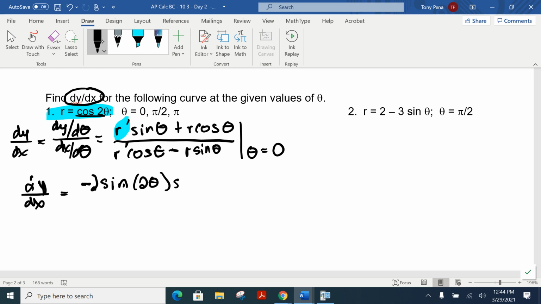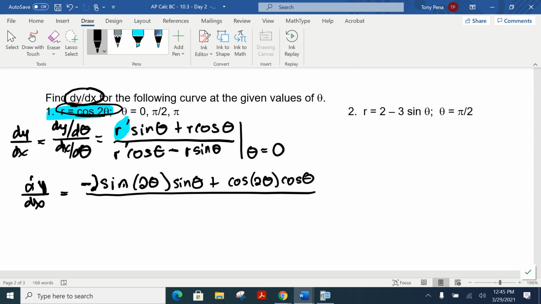Then we have sine of theta, so we just rewrite that, plus r cosine of theta. R is the original problem. So I'm now going to substitute in r as cosine of 2 theta, and then times that other cosine of theta. It'll be clear where all this is coming from. All right, we go to the bottom.